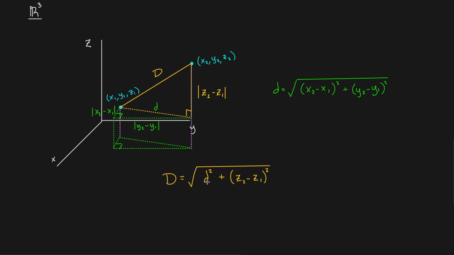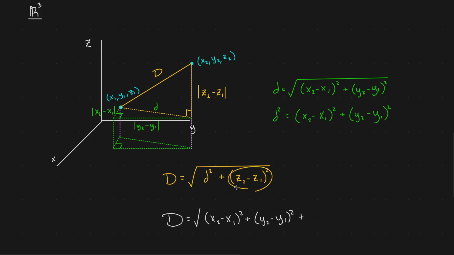Okay, but we know what d is. d squared would be x2 minus x1 squared plus y2 minus y1 squared. So if I plug that in, I get D squared is x2 minus x1 squared plus y2 minus y1 squared plus, and then my last component here, z2 minus z1 squared.